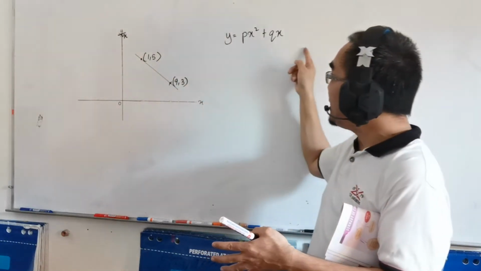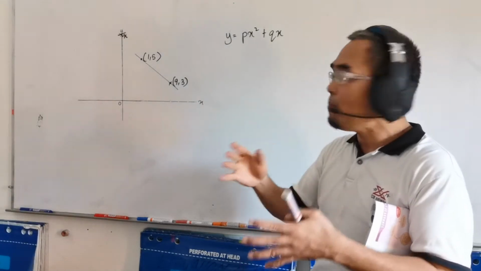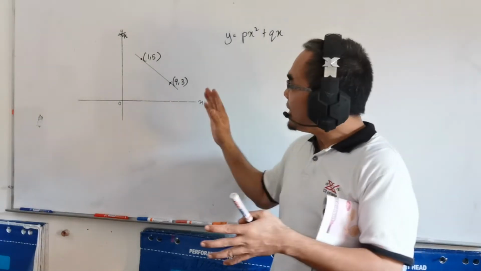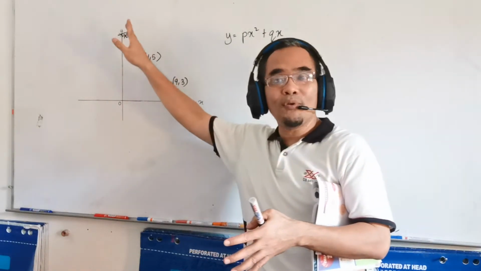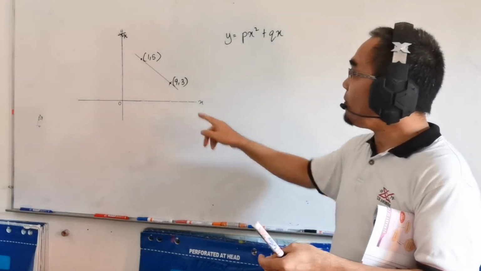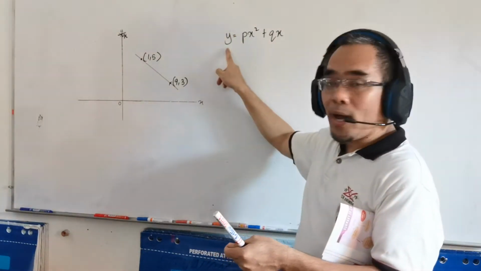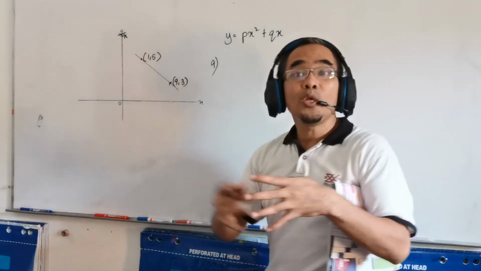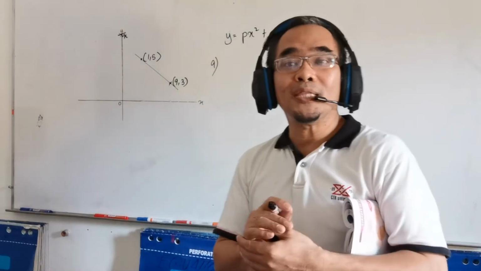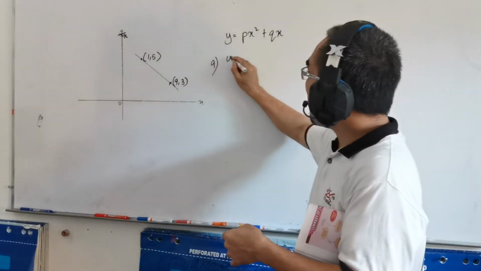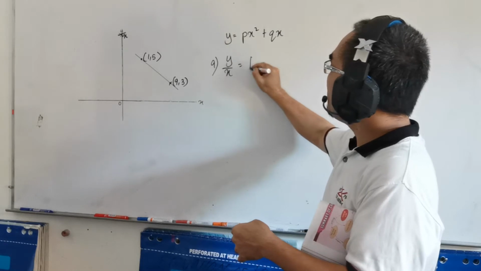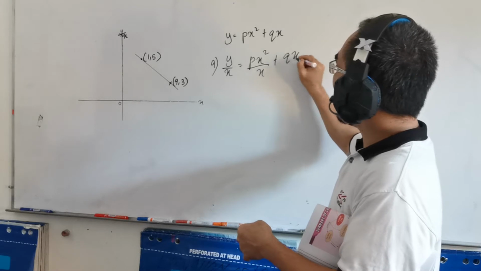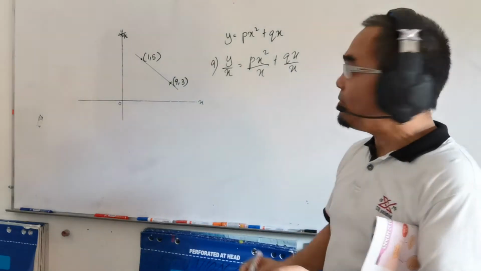So this is the non-linear form, and this is the linear form. So how to make it linear form? In the sense that the y is y over x and x is x. Because this is y over x, you divide all of the terms by x: px squared over x plus qx over x, and simplify them.